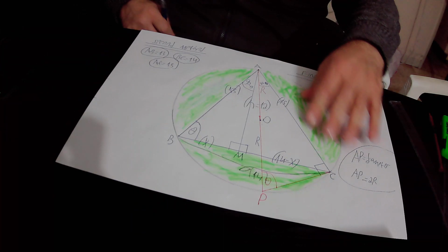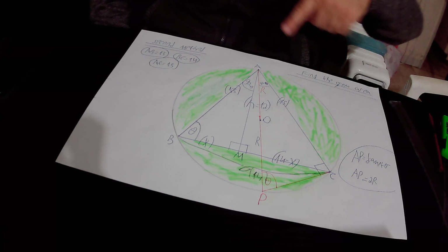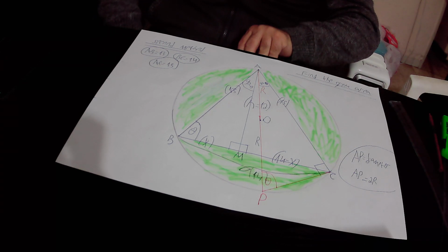In the next step, we prove that the right triangle ABM is similar to the right triangle APC. So I'll write it now.